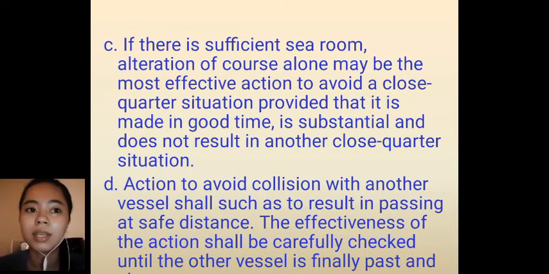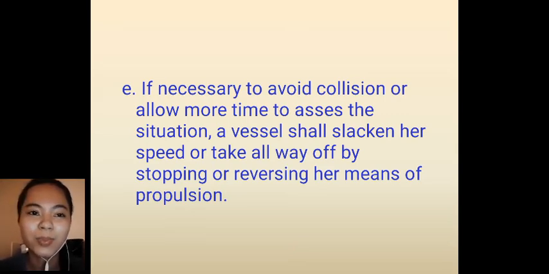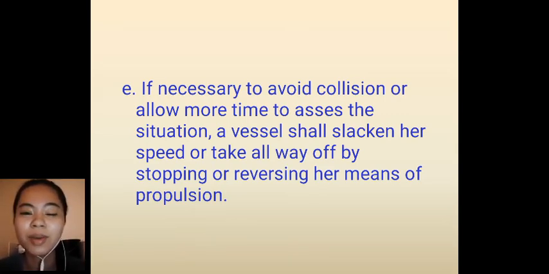The effectiveness of the action shall be carefully checked until the other vessel is finally past and clear. If necessary to avoid collision or allow more time to assess the situation, a vessel shall slacken her speed or take all way off by stopping or reversing her means of propulsion.